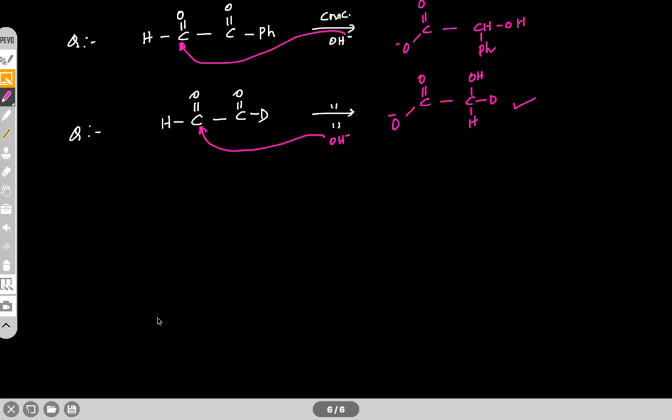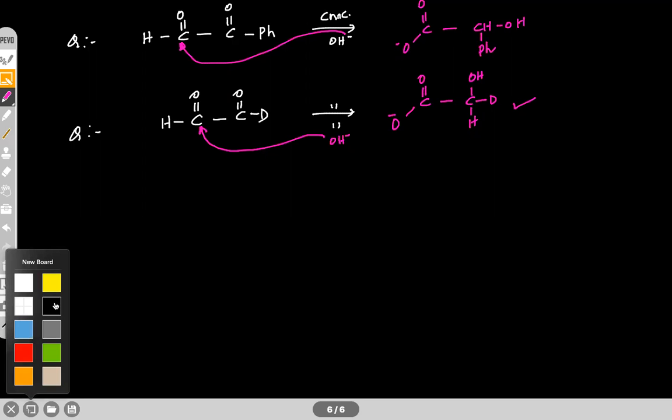Now the next one, write down the next reaction we have. That is the haloform reaction. See, haloform reactions are those reactions in which one of the products is haloform.